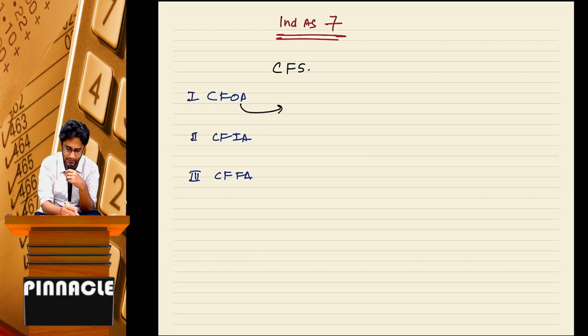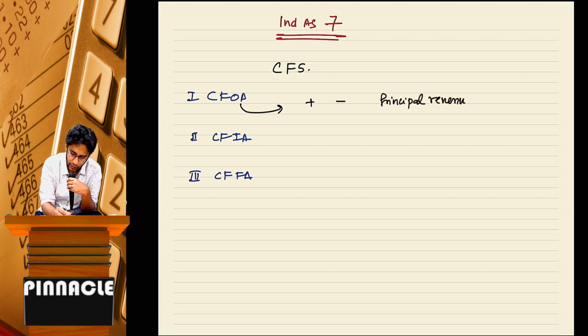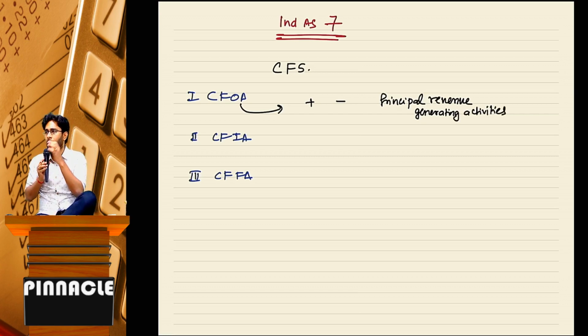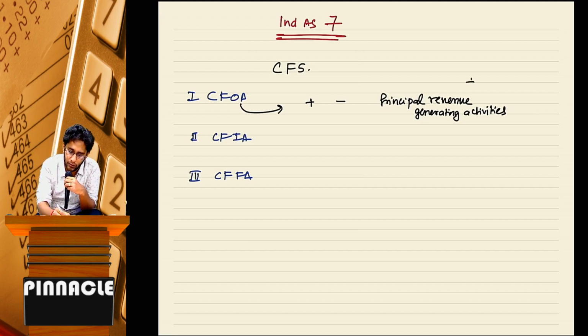operating activities means these are all inflows and outflows relating to principal revenue generating activities. Any entity will be formed for some core purpose, no? Purpose related cash flows, inflows, outflows, everything are cash flows from operating activities. Even lease activities are also covered in that. But with operating activities, one more story is there.